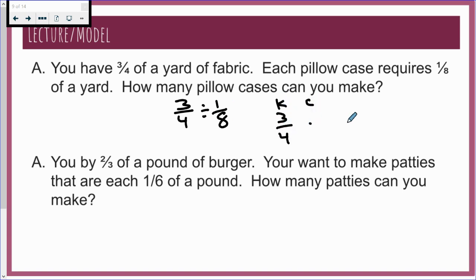Change to multiplication. And then flip: 1 over 8 becomes 8 over 1. 3 times 8 is 24. 4 times 1 is 4. 24 divided by 4 is 6. So we can make 6 pillowcases.